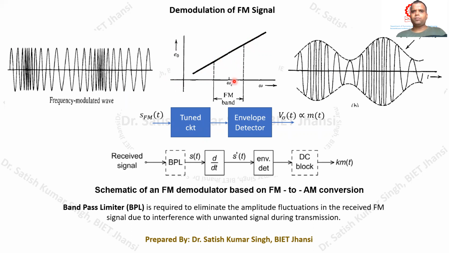So let us suppose that we have the carrier frequency at ω = ωc, or you can say f = fc. At this point it is going to give you the output that will have the carrier frequency f = fc, and it will have a certain magnitude.